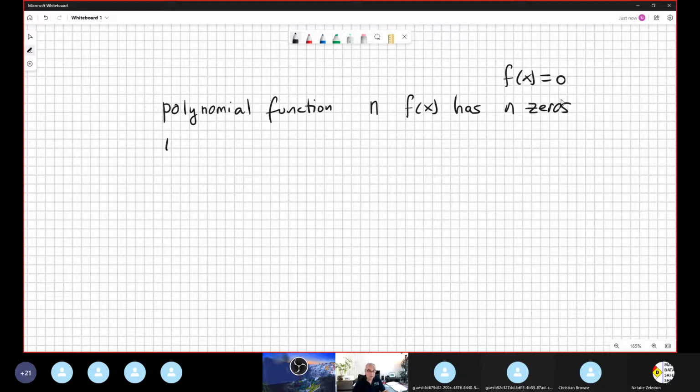But it's counted with multiplicity. Remember, multiplicity is when one number is repeated, and also complex numbers.